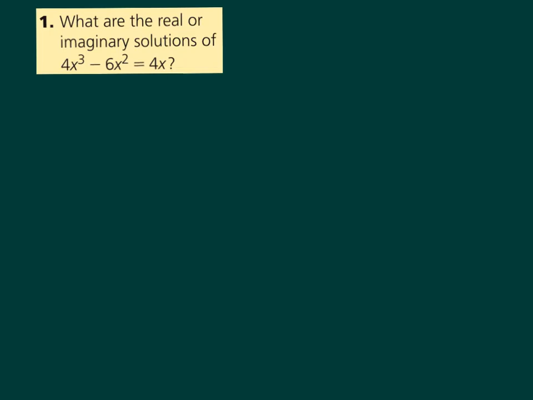So here, what are the real or imaginary solutions of 4x cubed minus 6x squared equals 4x? This one we know how to do. How do we do it? Step 1 is get it set equal to 0. We get 4x cubed minus 6x squared minus 4x equals 0.